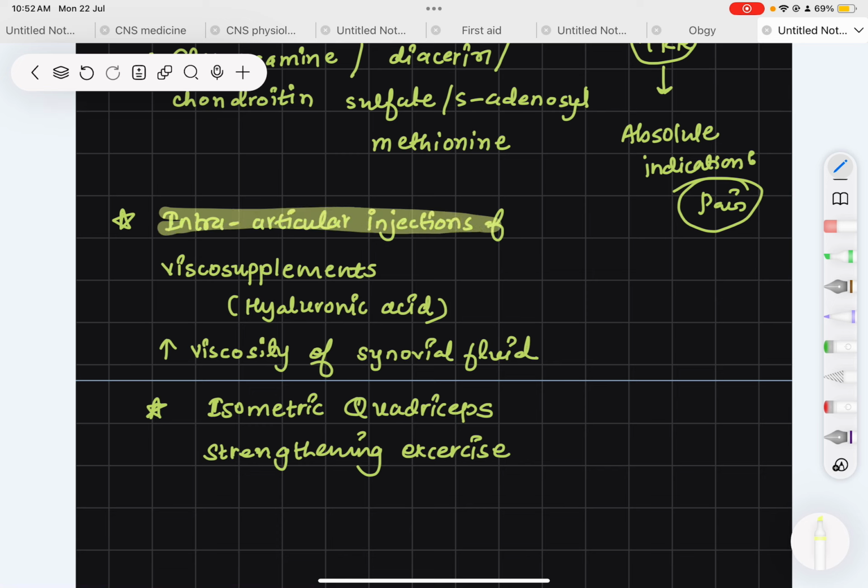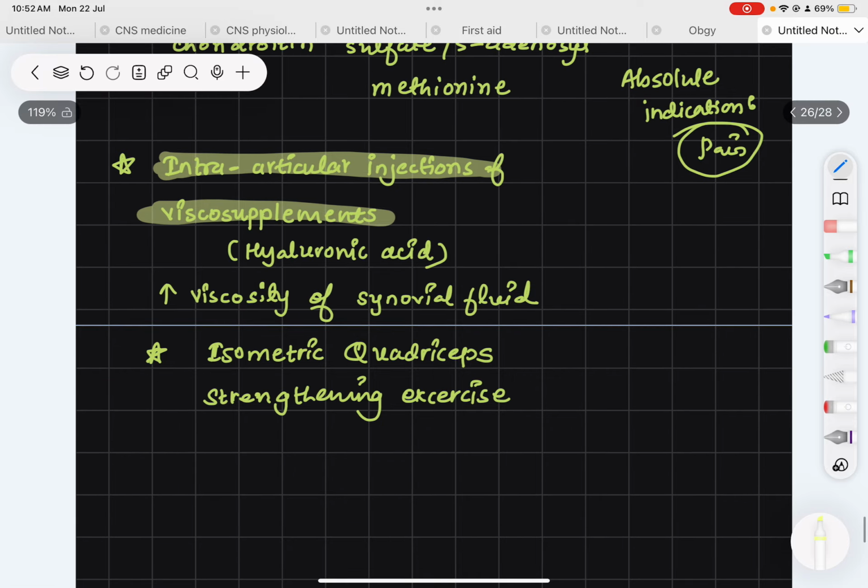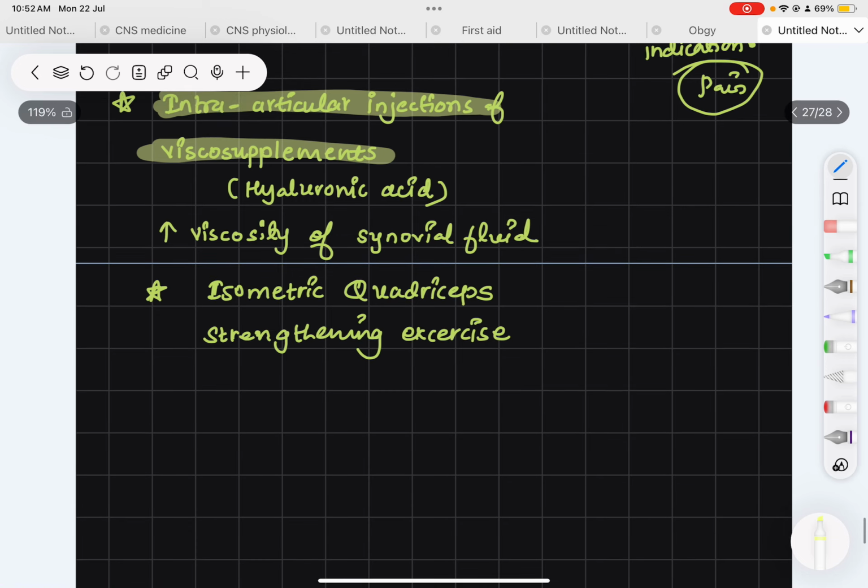and we can give an intra-articular injection of viscosupplements, that is hyaluronic acid, which will increase the viscosity of synovial fluid. So there won't be as much friction between the two bones at the joint site, and this can prevent the damage actually.